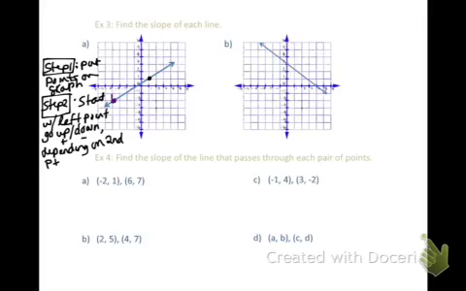So I'm going to go up to the same horizontal line that the second one is on. I went up 3, so I'm going to put it over here. I'm going to write m equals. Slope is always an m.